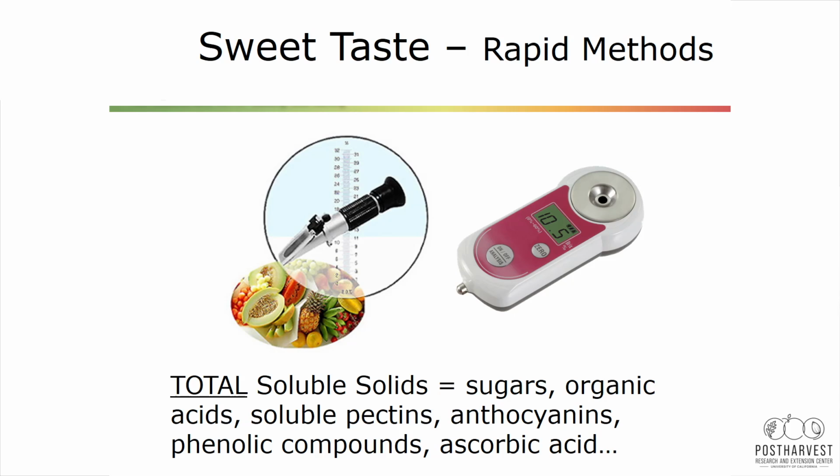This is why we use this, because sugars make up generally 60% or more of what's dissolved in a juice, right? But sometimes that's just 60%, so you have 40% of other stuff. And again, it varies from fruit to fruit. Some fruits are going to be much higher, maybe 90% is sugar and the rest is other things. So you have to know what you're dealing with.